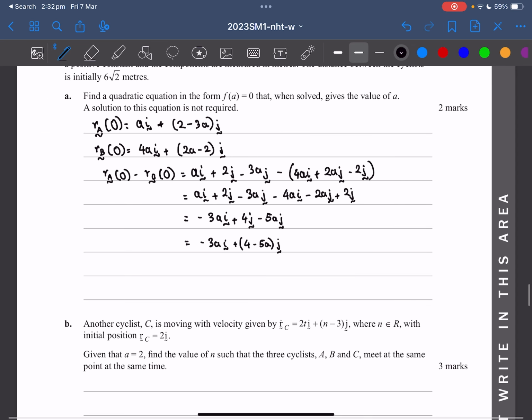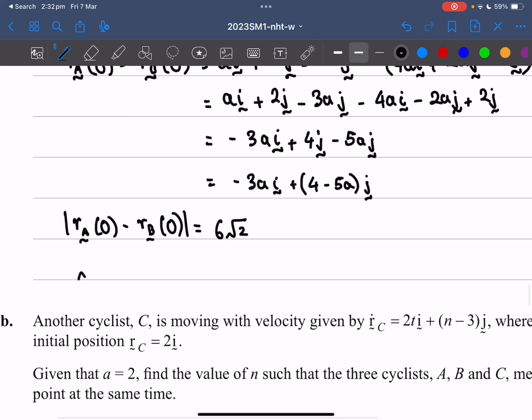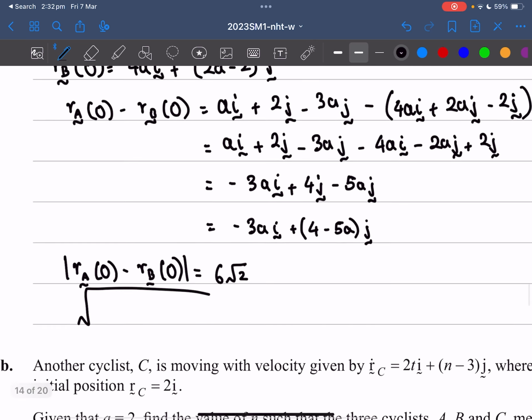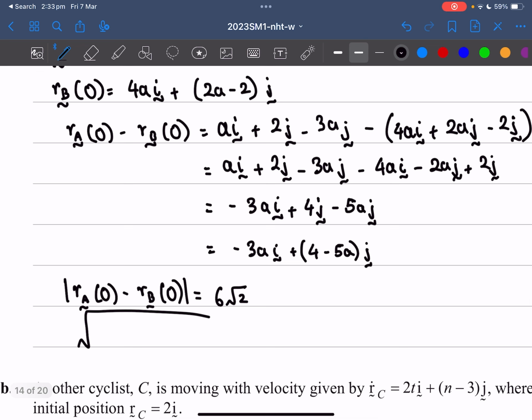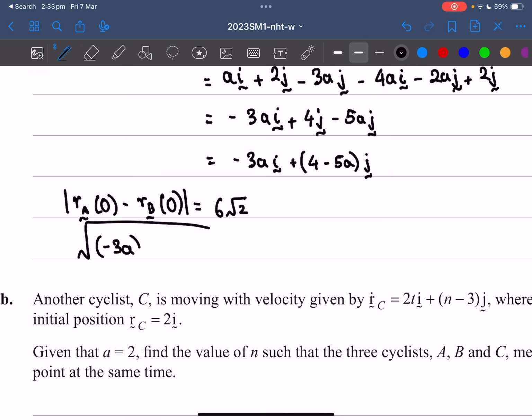And now we can find the distance. So the magnitude of RA of 0 take away RB of 0 is equals to 6 root 2. We do know that RA of 0 minus RB of 0 is going to be this, and the magnitude of that is going to be the square root of (minus 3a) squared plus (4 minus 5a) whole squared, and that is going to equal 6 root 2.